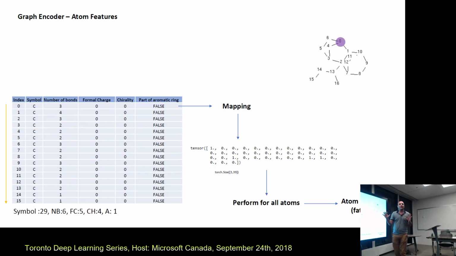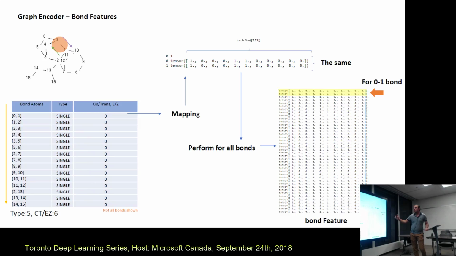Just consider that they're collecting information for each of those atoms, and they map these based on a dictionary of values and transform it into a tensor. They continue doing this for all of the atoms and refer to it as atom features.